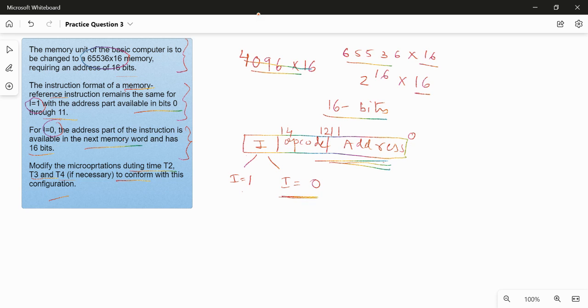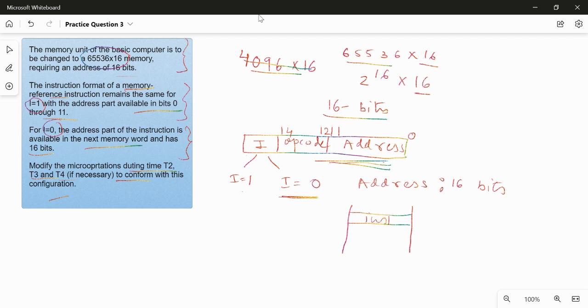So basically, if I is equal to 0, then the address must be of size 16. There should be 16 bits available for the address part in case of I is equal to 0 direct memory reference instructions.